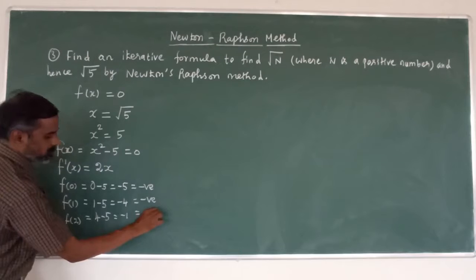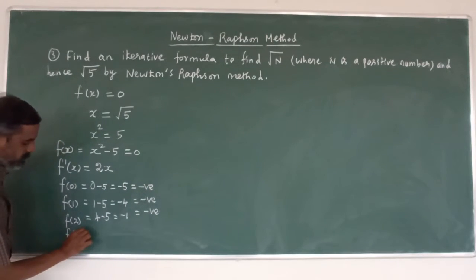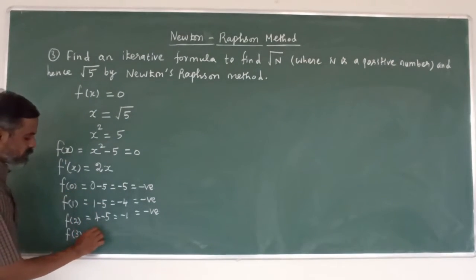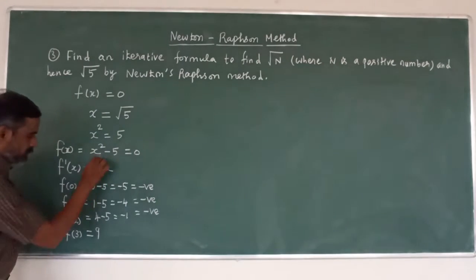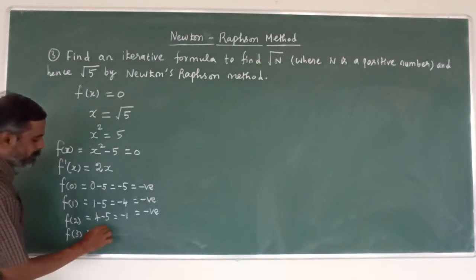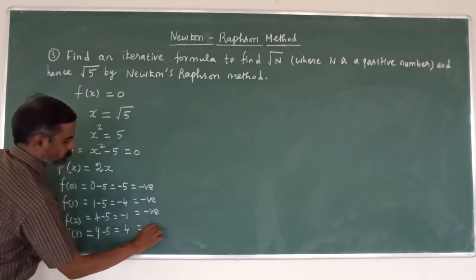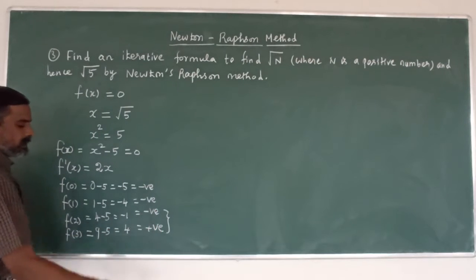This is also a negative result. Next x value to substitute 3: 3 square 9 minus 5 equal to 4. This is positive. One positive and one negative.